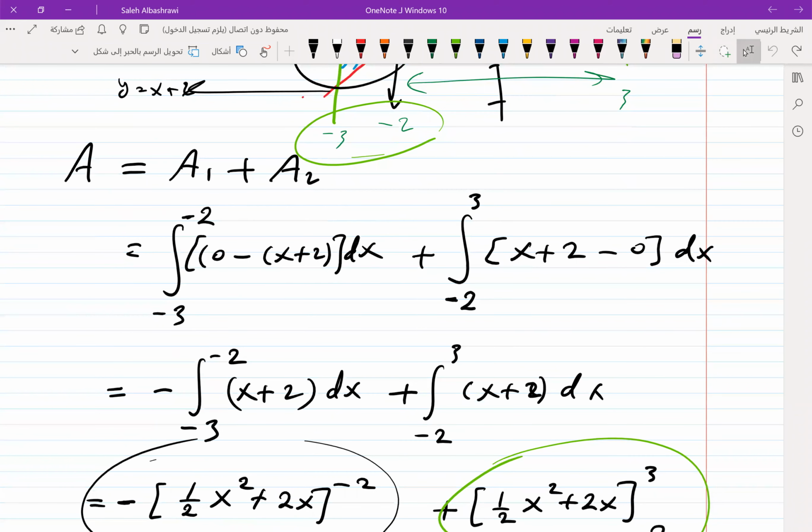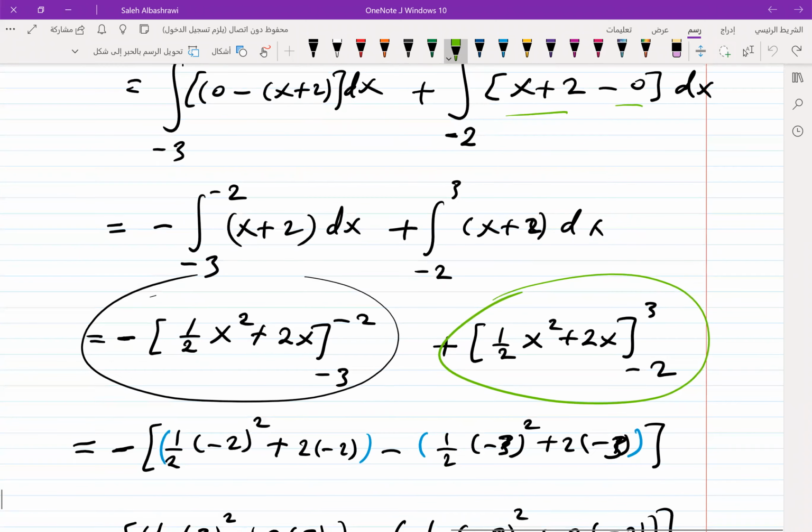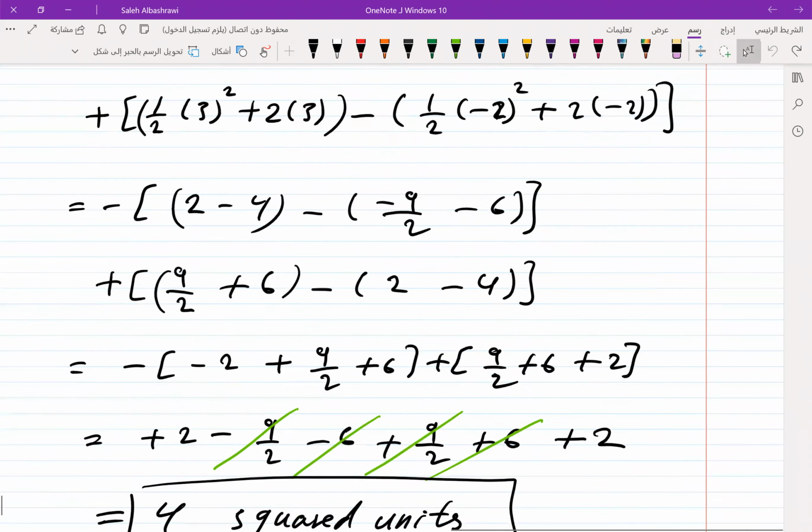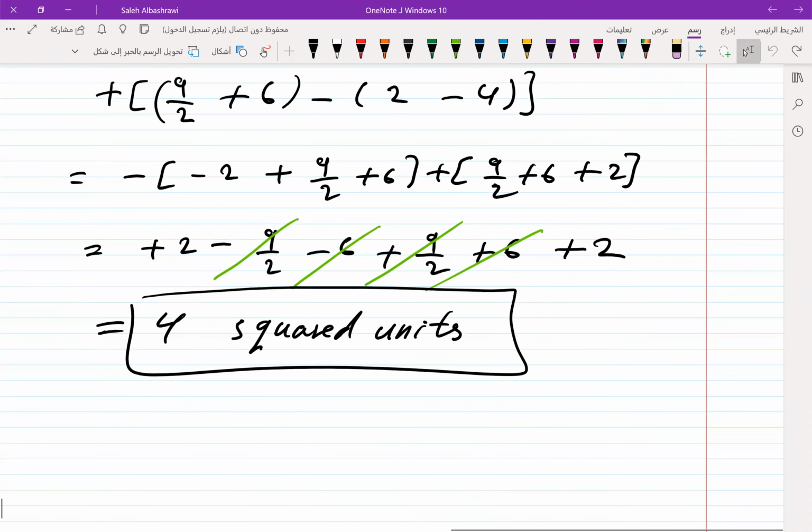The second one from minus 2 to 3, the upper function is x plus 2 minus the lower function, which is 0. Then evaluate the definite integral, find the values, and add them together to find the final answer, which is equal to 4 in our case. So the area of this region is equal to 4.